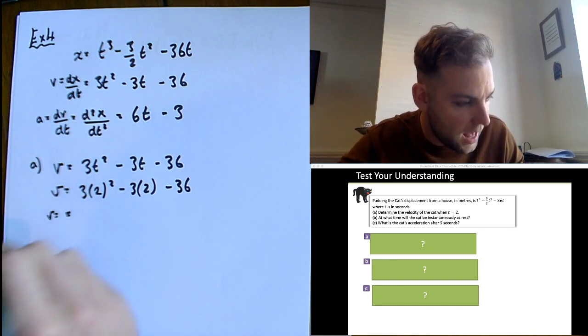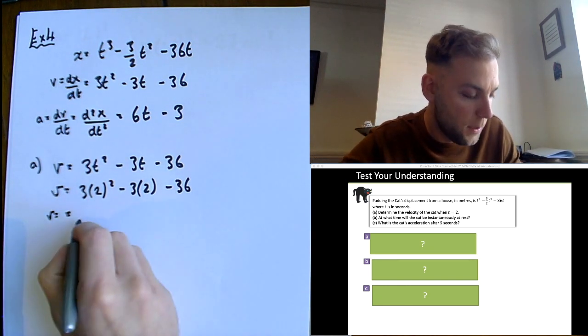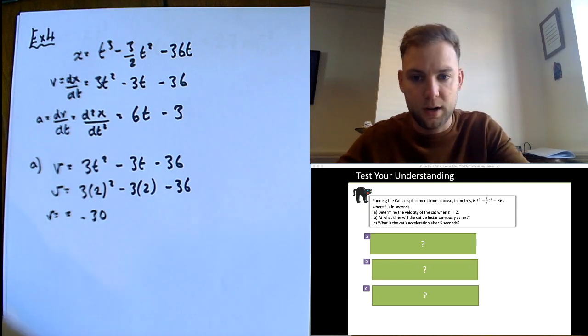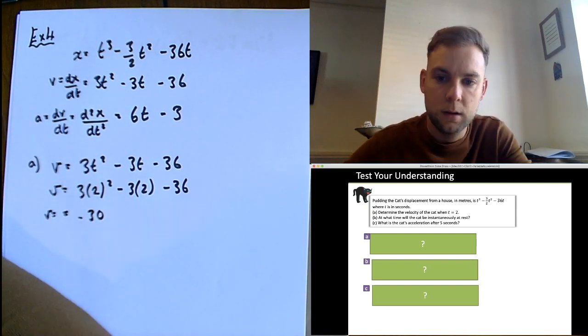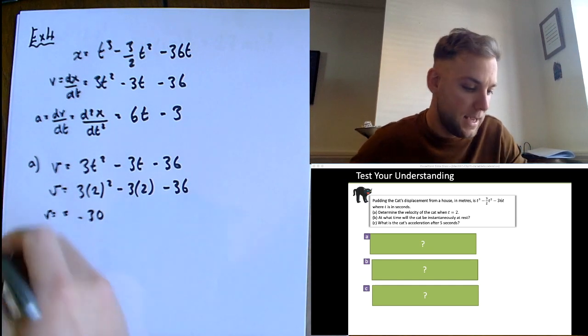The velocity there is equal to minus 30. Brilliant.